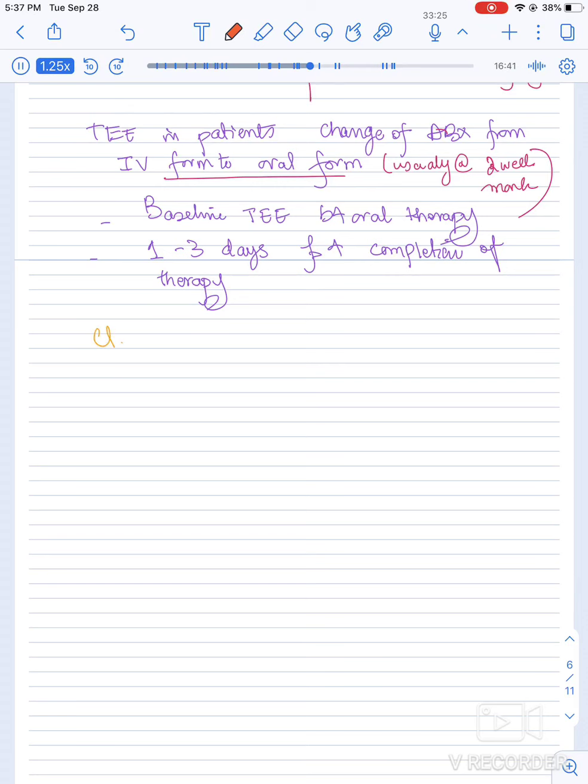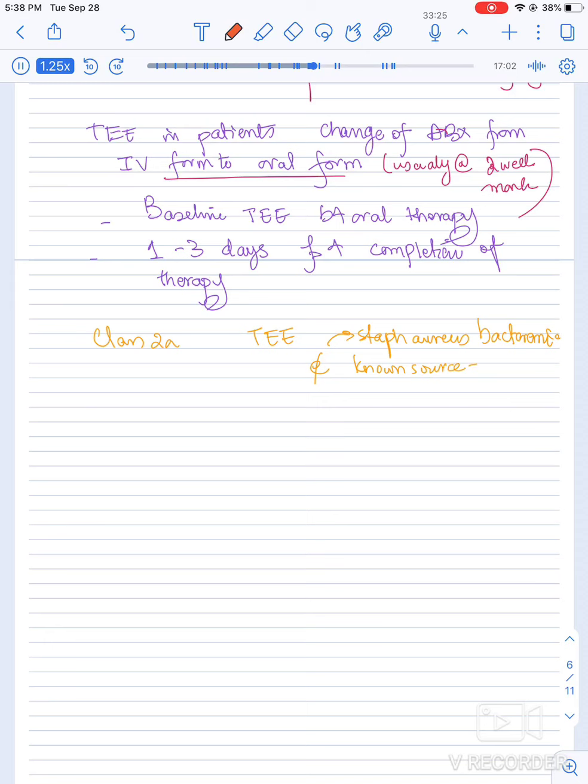Now there are some class 2A recommendations to do TEE, and that is to do it in patients with staph aureus bacteremia without known source.